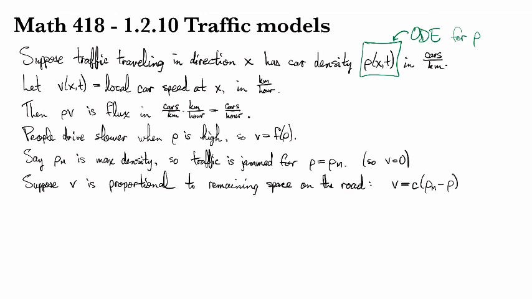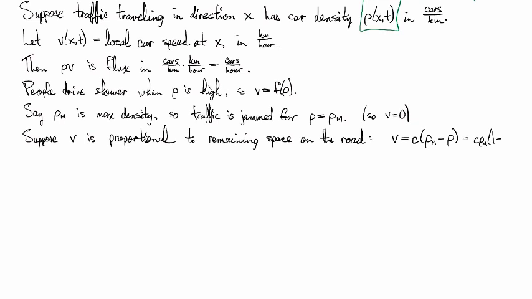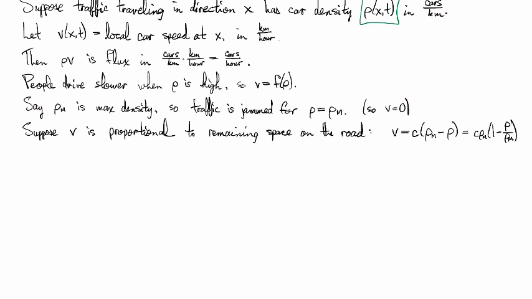Okay, well, then we can rewrite this by pulling out the rho max as c rho max times 1 minus rho over rho max. Now the maximum velocity, let's call it Vm, is going to occur when density is 0, right?